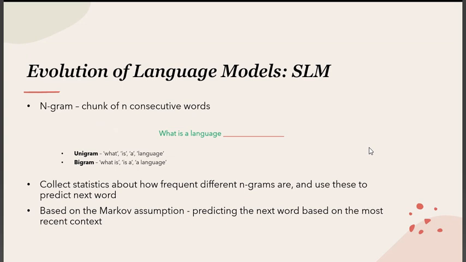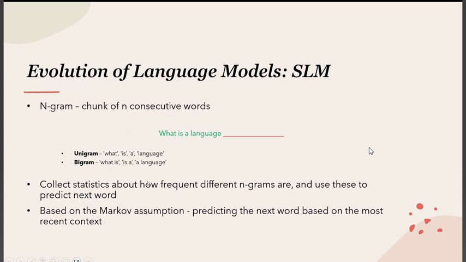Let's take the example of what we have in the first slide: "what is the language". If we consider it as a unigram, it is just "what", "is", "a", "language". All individual words are considered unigrams. In the case of bigrams, it means pairs of two, like "what is", "is a", "a language".